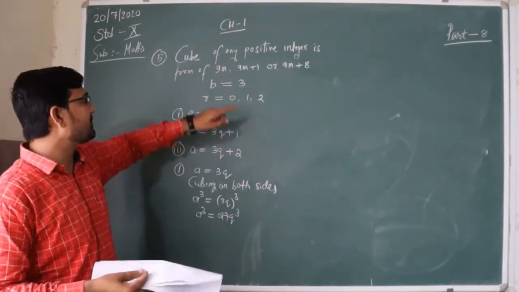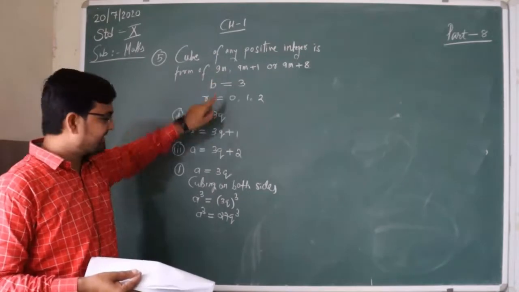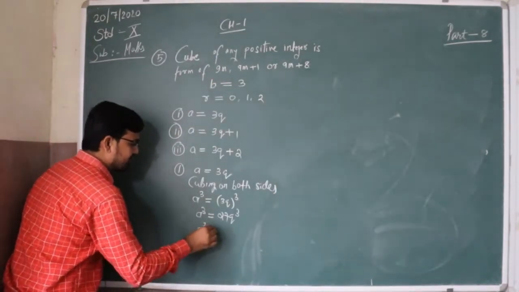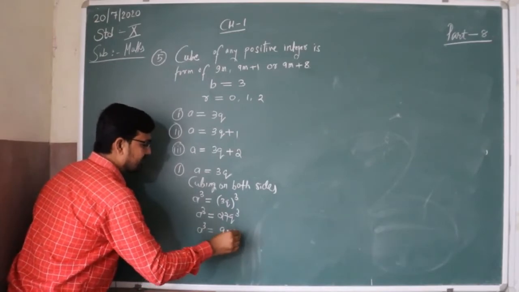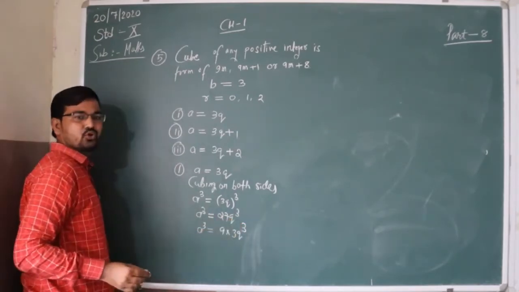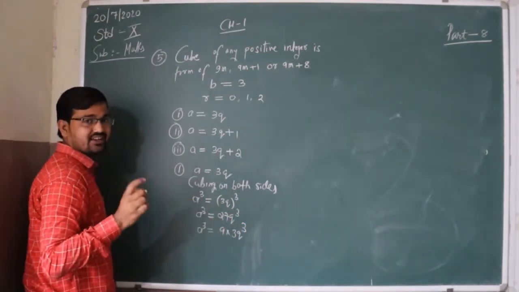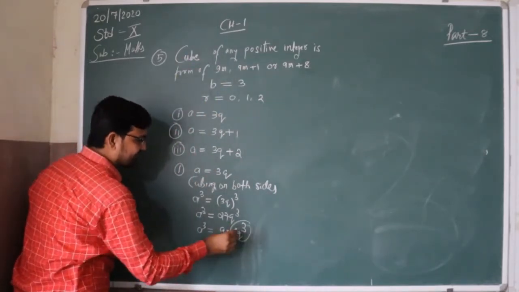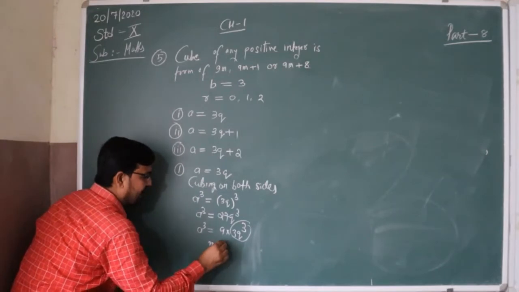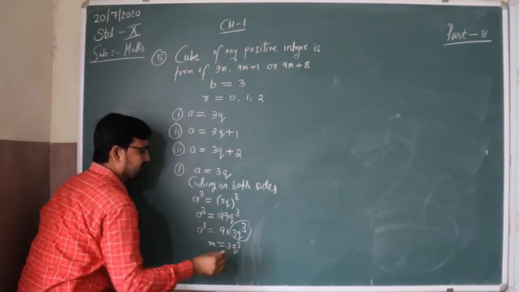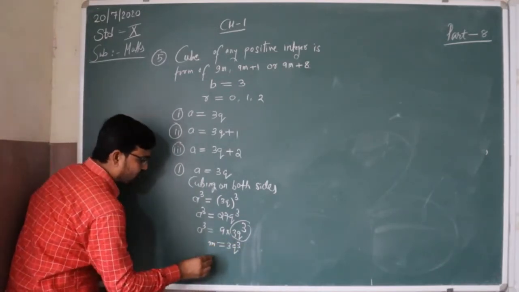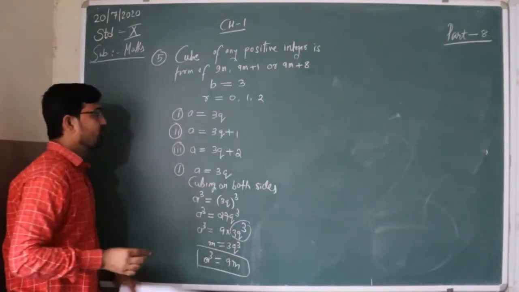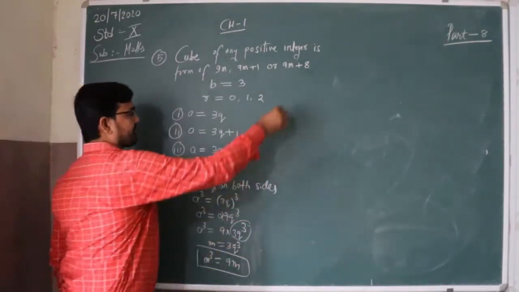Now 9 is there, so divide this 27 by 9, and it will become a cube is equal to 9 into 3q cube. 9 times 3 is 27. Why have we taken 9? Because 9 is given in the question. Now we take m equal to 3q cube. So a cube is equal to 9m.